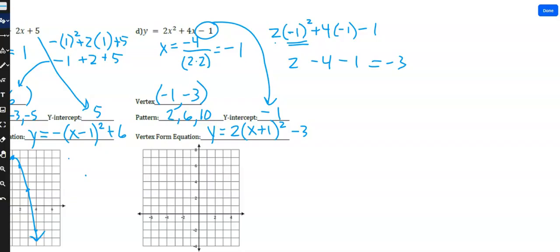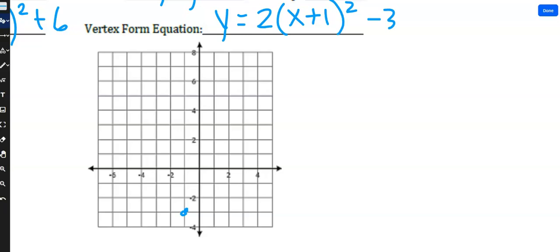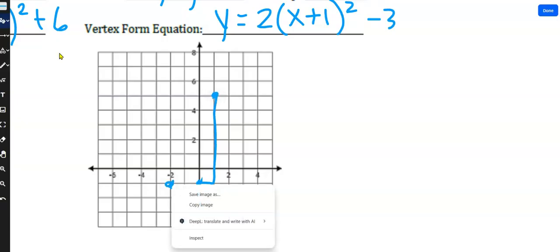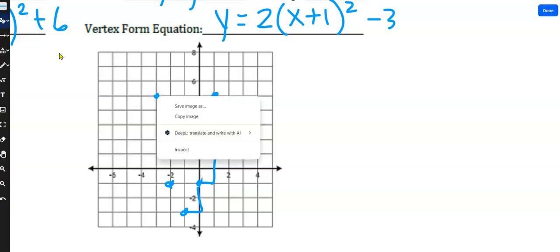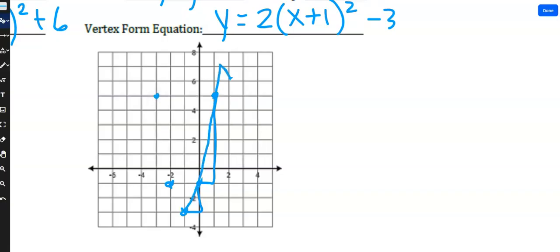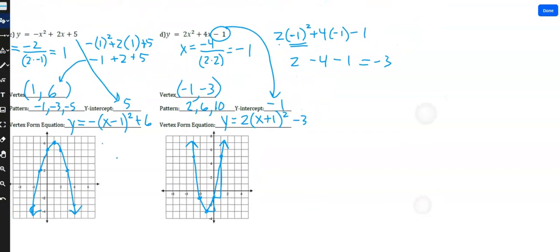Negative 1, negative 3, and over 1 up 2, right? Over 1 up 6, 3. 10 is not going to make it on that picture, so we're just going to duplicate to the other side. And draw our graph. Yeah, that 10 was not going to make it.